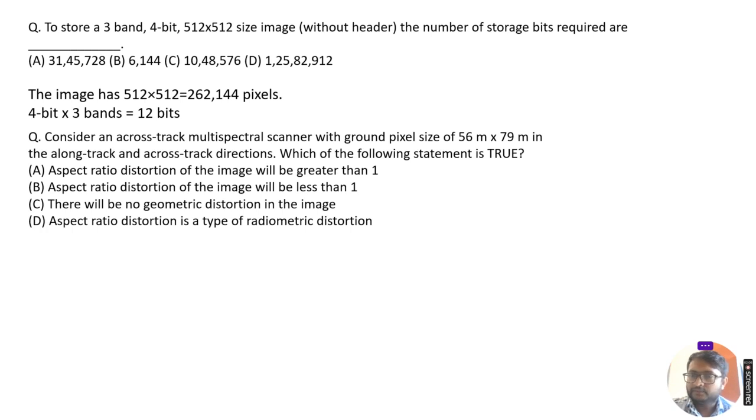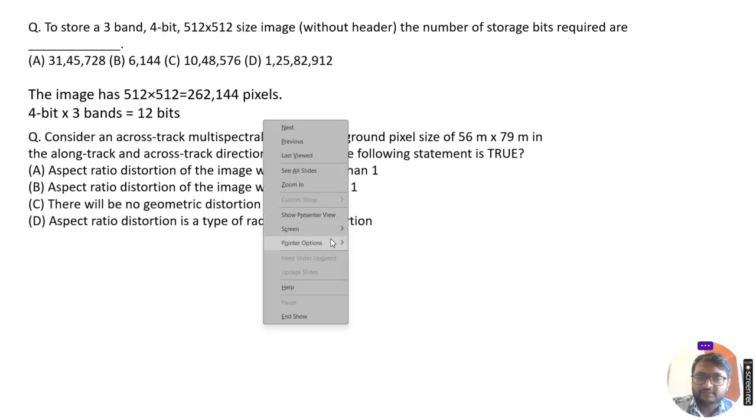Okay. So now the next one is like, consider an image which has an across-the-track multispectral scanner with a ground pixel size of 56 meter and 79 meter. So this 56 meter is the along track and 79 is across the track. If we draw this, first of all we will understand the question.